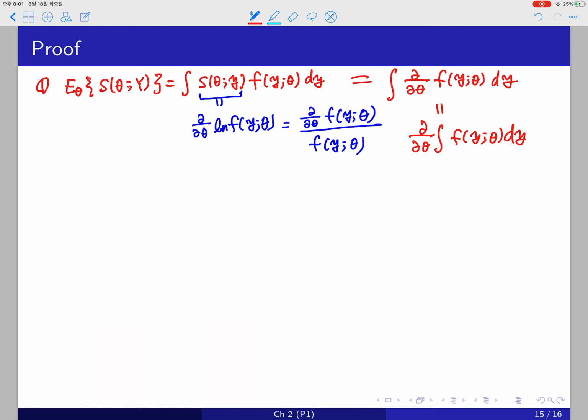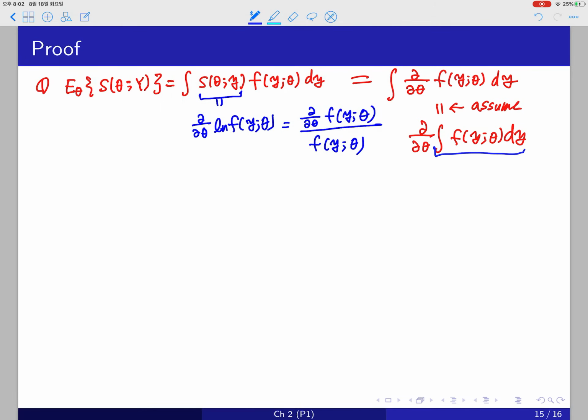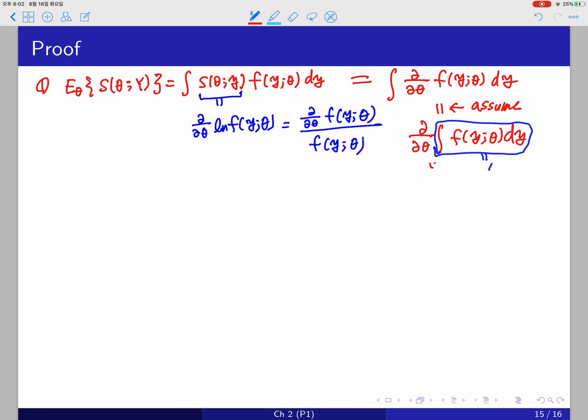Because of the assumption, we can exchange the order. So then this is equal to 1, so the differentiation is equal to 0. So that's the first part.